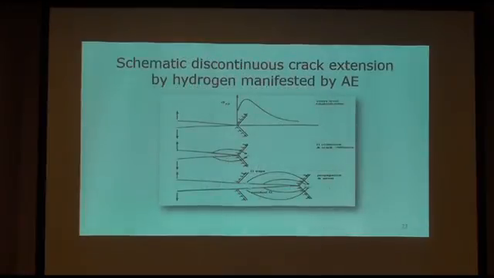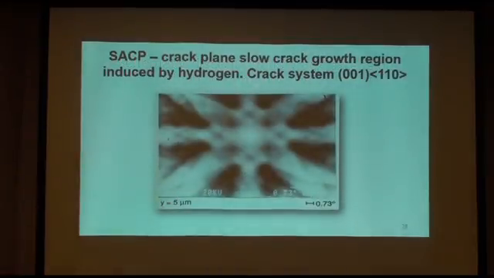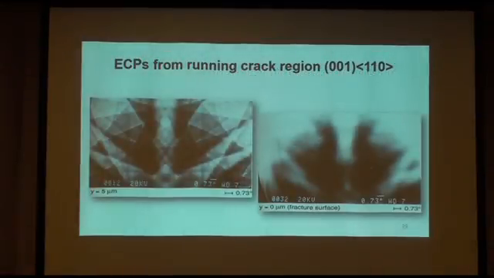And this is also kind of a schematic model, and I want to speak about this. This is a technique of localized pattern on the cleavage plane that can illustrate the amount of plasticity.